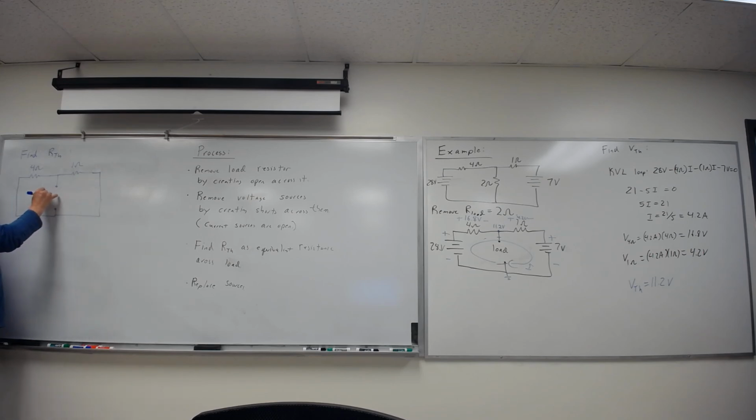So what I'm looking for is the resistance between here and here. If I were to measure, what's that equivalent resistance? It's just 5 ohms. It's not, because I'm measuring the resistance between here and here.